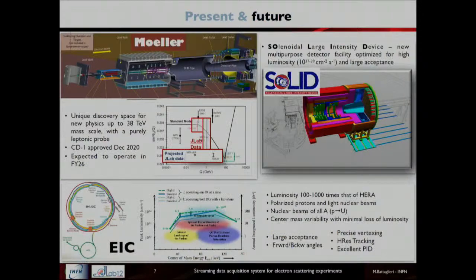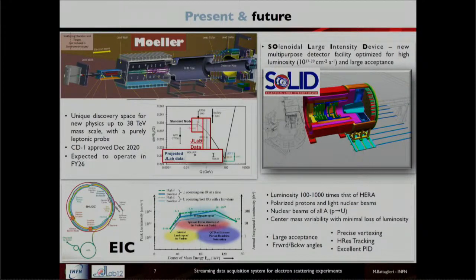And there are other experiments expected for the future, like MOLLER or SoLID, that are really pushing the luminosity up to values that were unthinkable up to a few years ago, like 10 to the 39 per square centimeter per second. So it's a huge amount of data that you have to deal with.